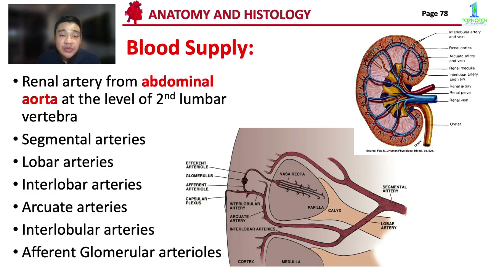Now we will be tracing the blood supply of the kidneys. So at this point, I'd like you to remember the structures in the kidneys that I think are known to you already. We have what we call the renal papilla.